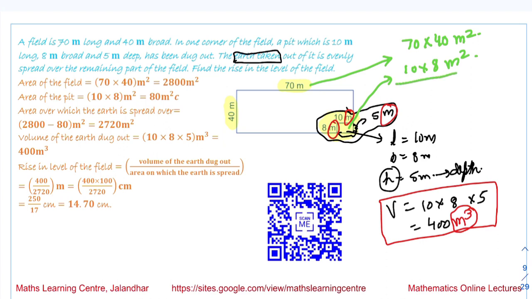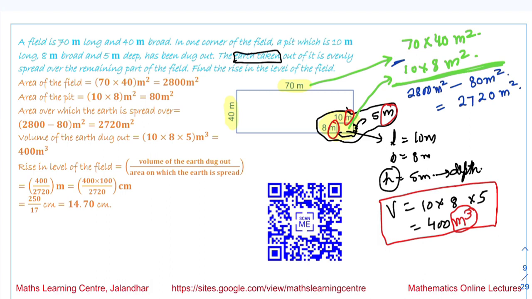So for the area of the remaining region, you have to subtract these two values: 2800 meter square minus 80 meter square, and the answer we will get is 2720 meter square. So this is the area of the remaining field.